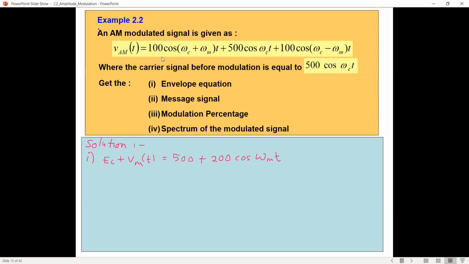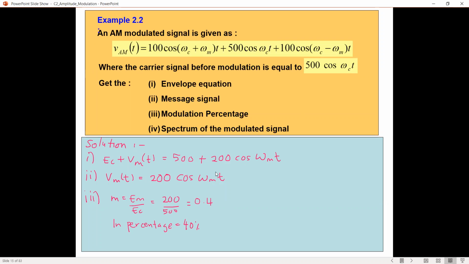We know that the sideband's amplitude is half of the modulating signal's amplitude, so we times 2, 100 becomes 200. So our envelope equation is 500 plus 200 cos omega MT. And our message signal is 200 cos omega MT.